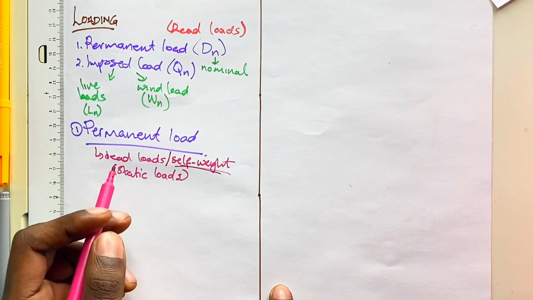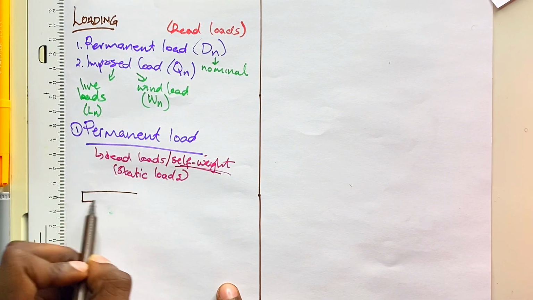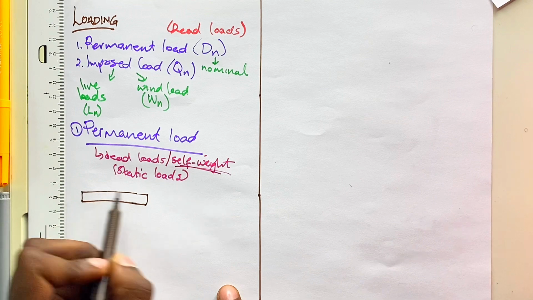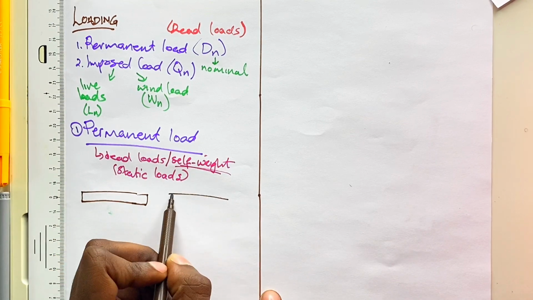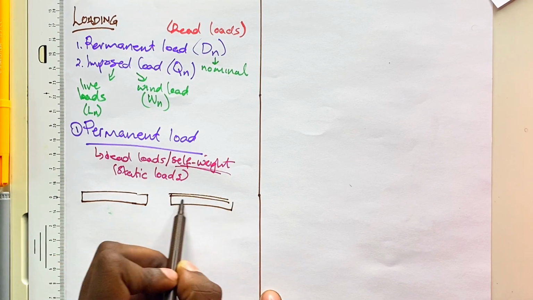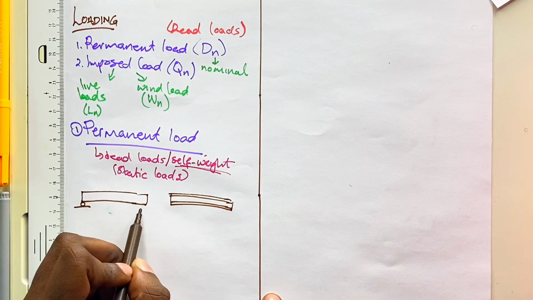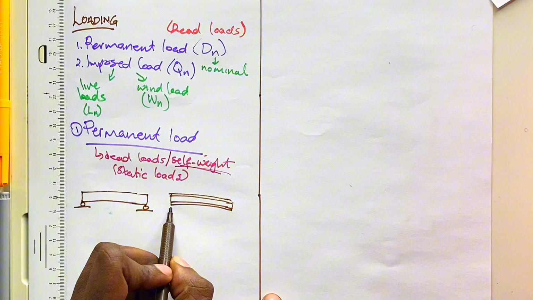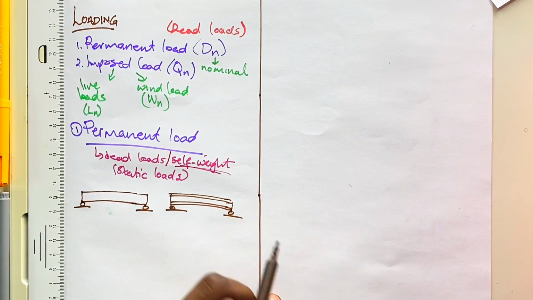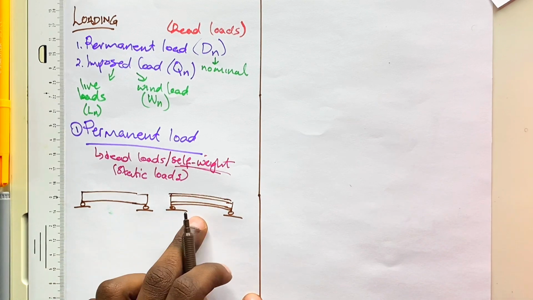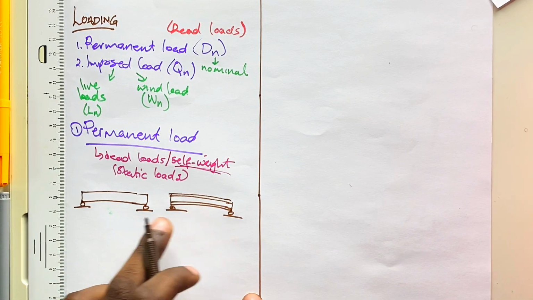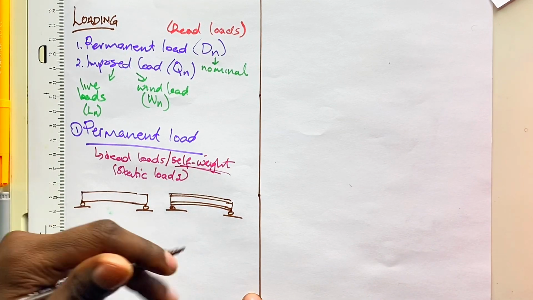Now, suppose we have an element here made from concrete, or maybe another element here made from steel. Now I will put a roller, just for explanation purposes. Now this reinforced concrete or the structural steel that you will be using, they will have gravity acting on them.